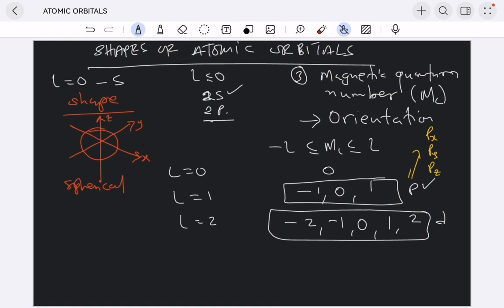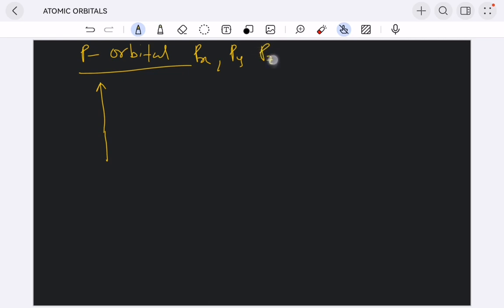Then in terms of shape, that is for the P orbital. So we said we have the Px, Py, and the Pz. So when we draw, this is our Z axis, this is our Y, this is our X. So if we're looking at the Px, it will be along the X axis.